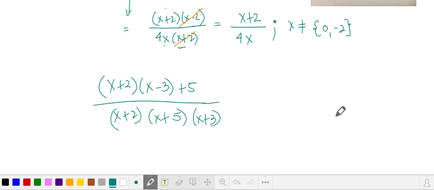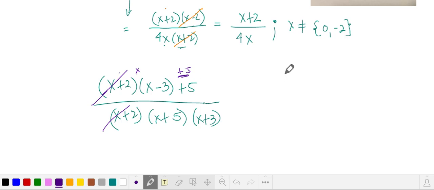Okay. Can we cancel this x plus 2 and x plus 2? The answer for that is no, because this is x plus 2, x plus 3. This is a multiplication in between them. But there is a plus 5 here. This is an addition. It's not all multiplication. So for something like this, do not cancel it out.